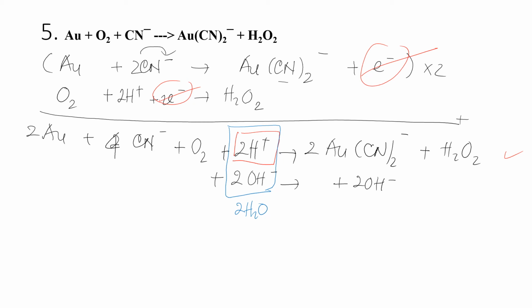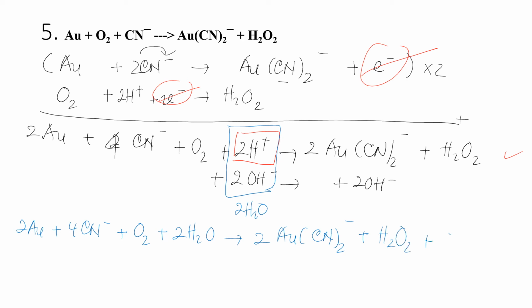Okay, and then after that we write 2Au plus 4Cn minus plus O2 plus 2H2O to be 2AuCN times 2 minus plus H2O2 plus 2OH minus.